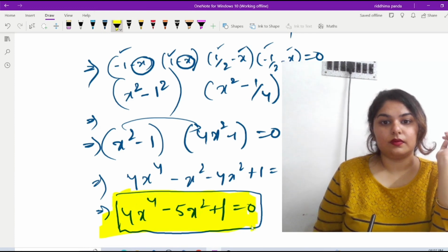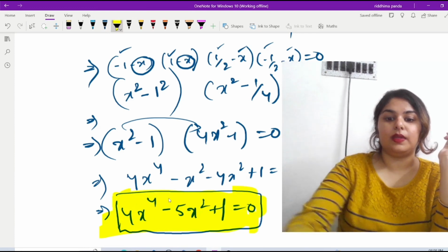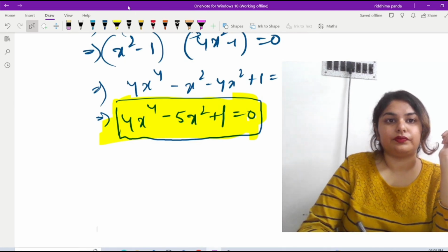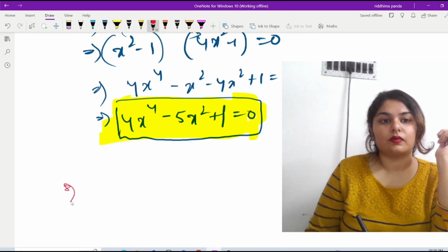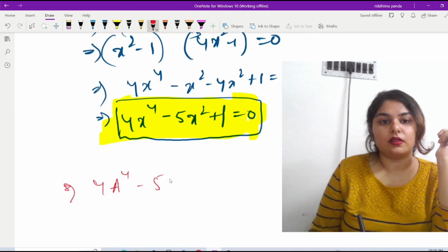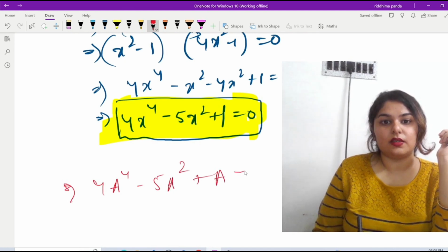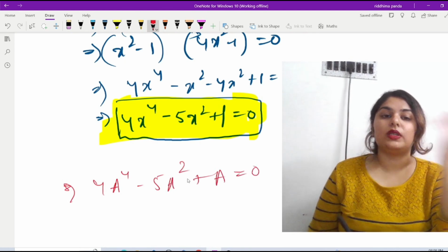Now, if we put the matrix A in place of x, we have 4A to the power 4 minus 5A square plus I is equal to 0. Now multiply this with A inverse.